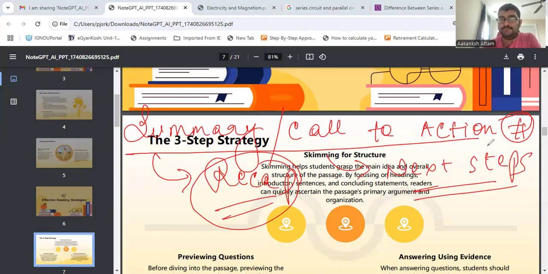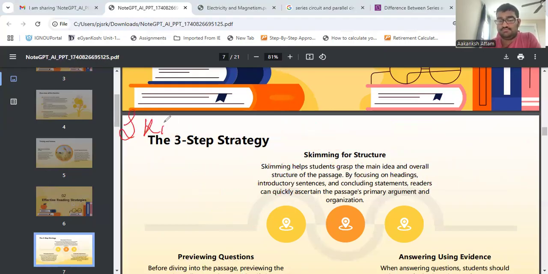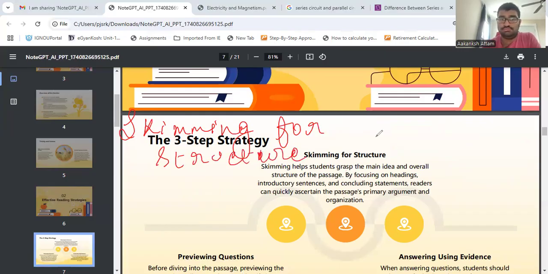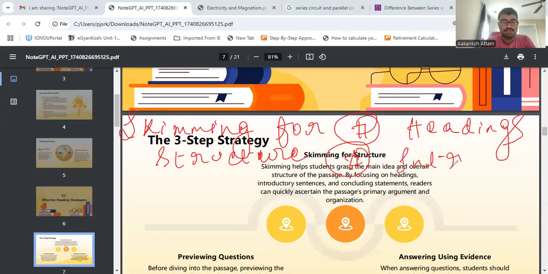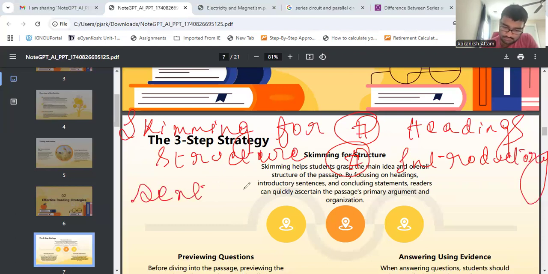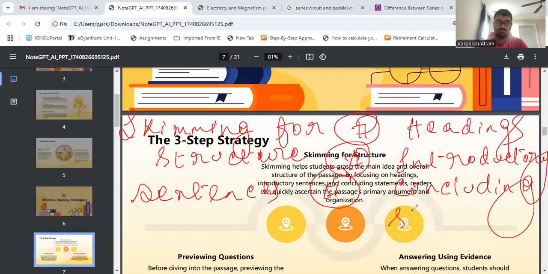So, simple thing: when you are trying to skim for structure, you need to focus on three things: headings, introductory sentences, concluding statements.